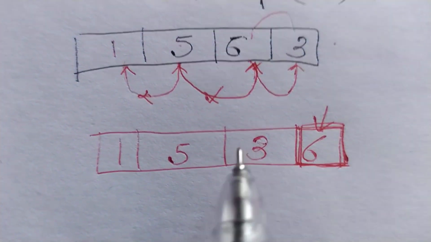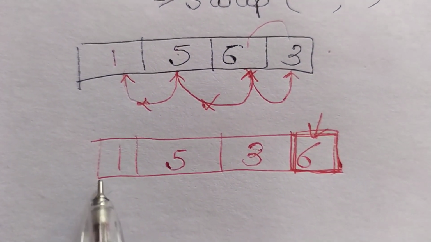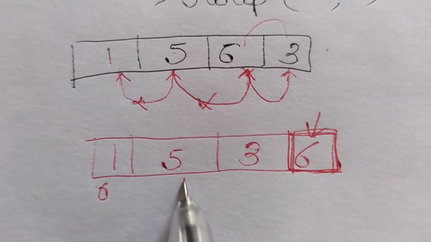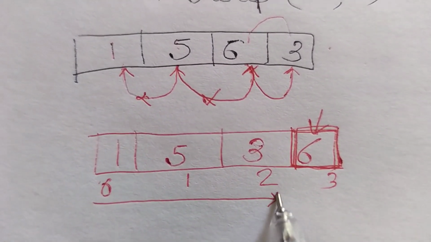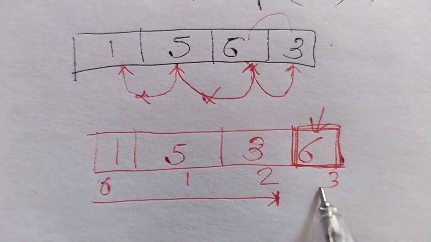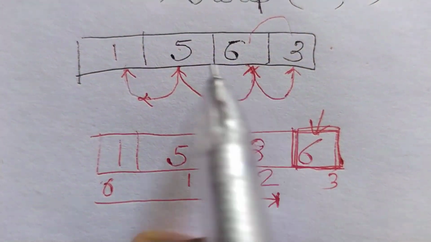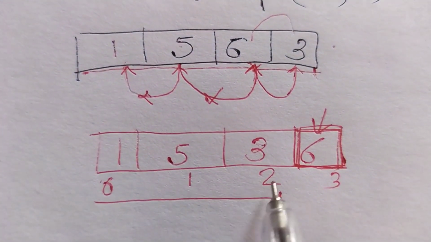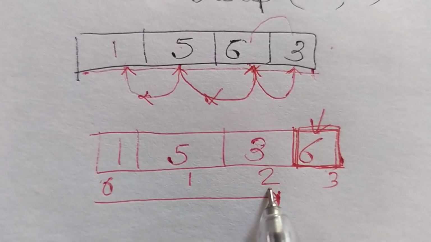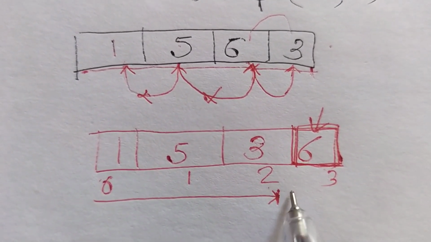So what we're going to do in our next iteration is start from our 0th index and go to n minus 1, just before where we stopped. First we went to the end of the array, but now we are going only to one index before the end.